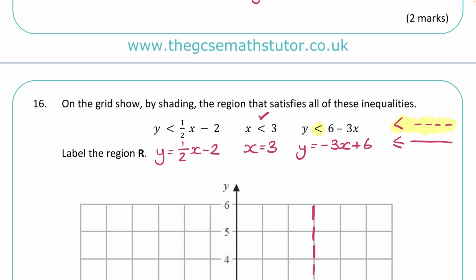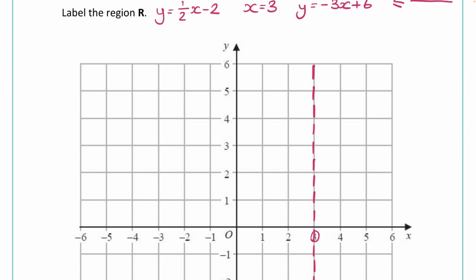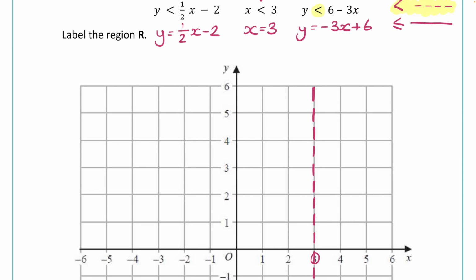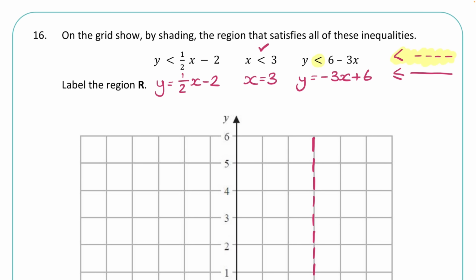The next one, we have half x minus 2. Now what you can do for these is you can draw yourself a little table of values. And you only need to use a few, because once you've plotted a few points, you can connect it all up with a ruler. So feel free to draw a table of values, I'm going to use the y-intercept plotting method. So I'm going to start on negative 2 for my first point, and it has a gradient of positive 1/2, which means for every 1 across to the right, I'm going to go half up.